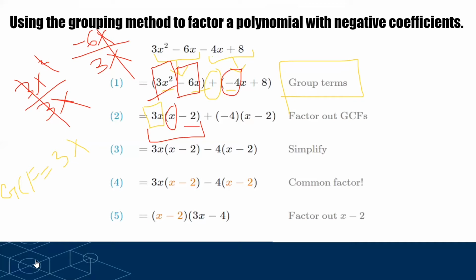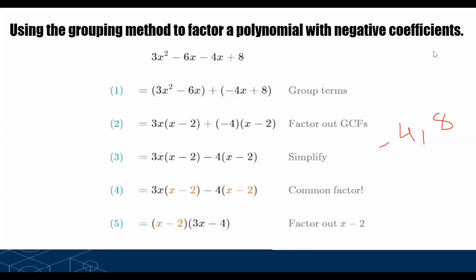So the GCF of negative 4 and 8 is going to be negative 4. You can't just put the negative sign away and ask what the GCF of 4 and 8 is. The GCF is 4, and then since my leading coefficient is negative, my GCF is going to be negative.